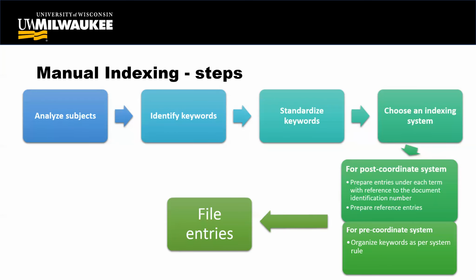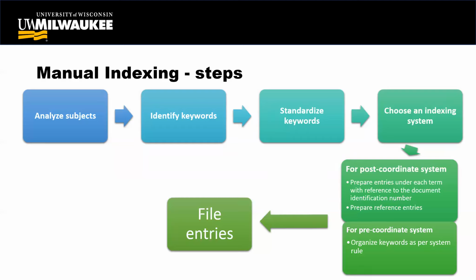Then let's look at the manual indexing steps, because there are two types of indexing: one is manual, one is automatic. Manual indexing means indexing by human indexers. The indexer needs to analyze the subjects of this book, news article, or journal paper and identify keywords to extract.